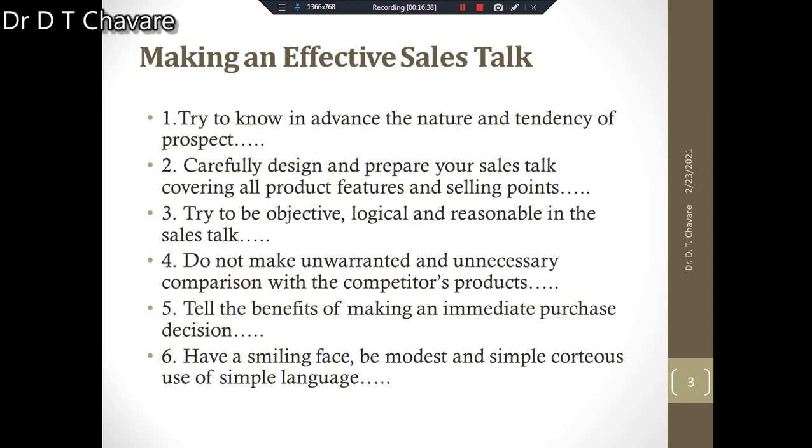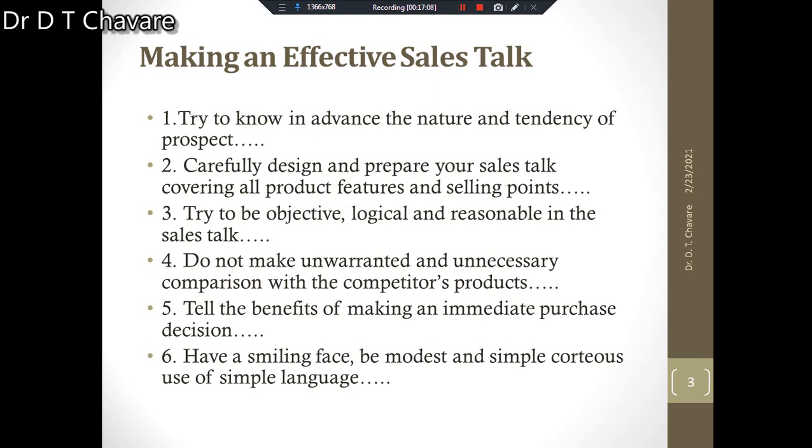It means your guess and judgment should be proper, and that's why you should try to know in advance the nature and tendency of the prospect. Then carefully design and prepare your sales talk. That is also very essential. You should design the sales talk carefully, covering all product features and selling points.